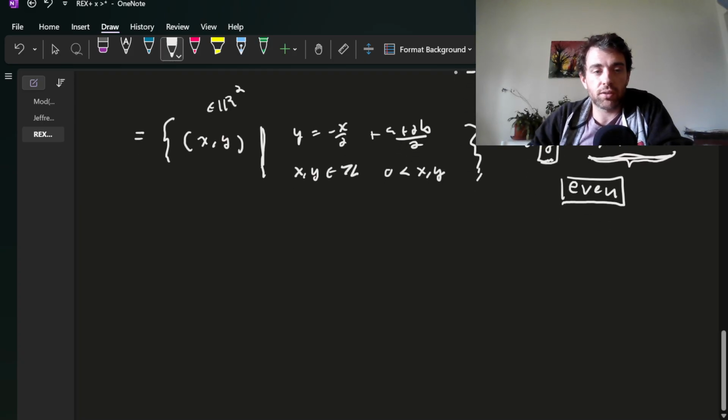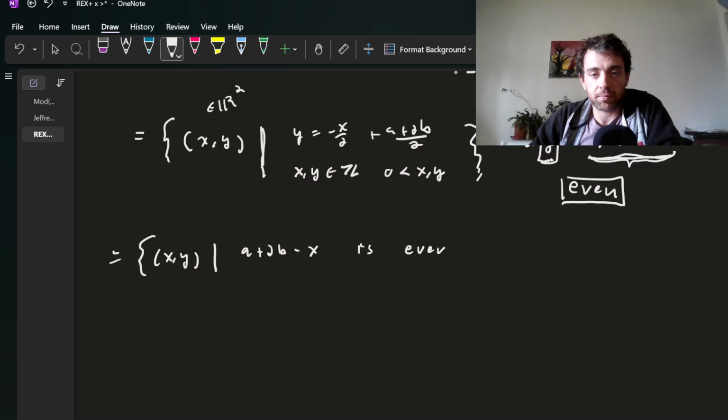So we can rewrite this set yet again to be the set of all x, y such that, and now this just becomes the condition that a plus 2b minus x is even, and we want x to be greater than 0.